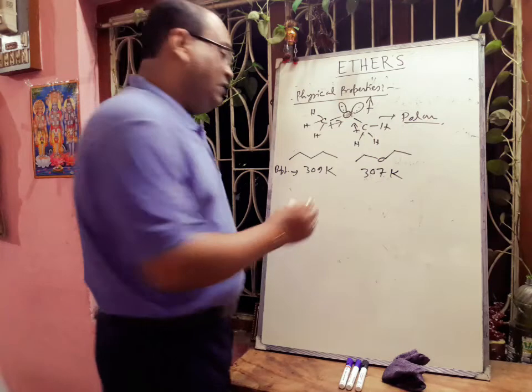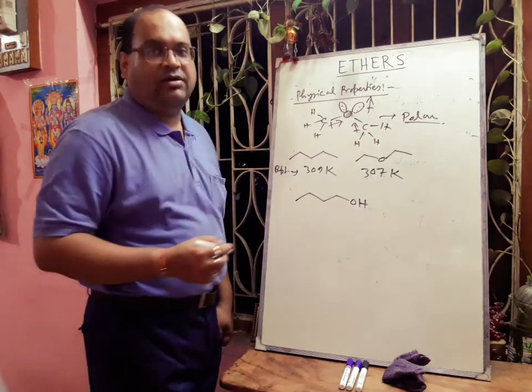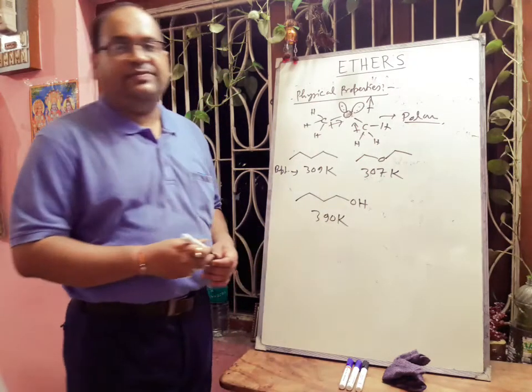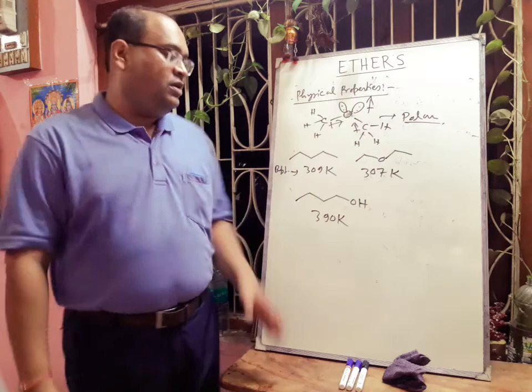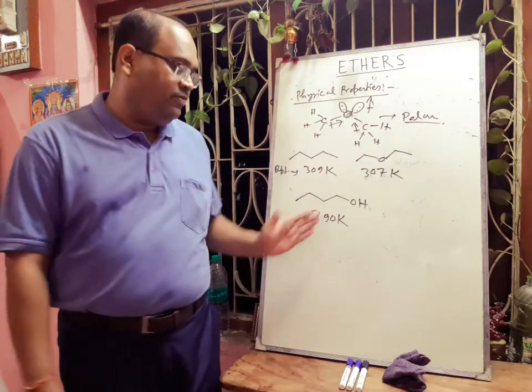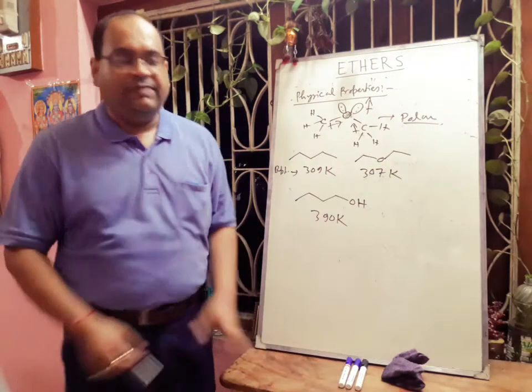But if we take alcohol, like butanol, its boiling point is 390 Kelvin. So here the boiling point is very high. Why? Because the hydrogen bonding in alcohol is more effective. That is why its boiling point is very high. Hope you can understand. Next we will discuss the chemical properties of ether.